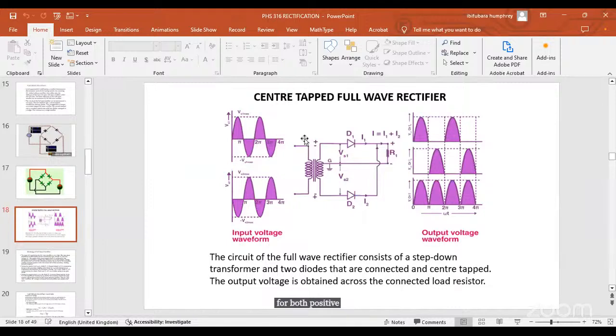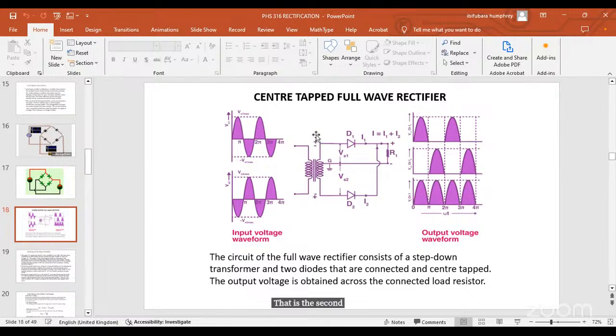If you look at this diagram, you see a positive and a negative at the top, a negative and a positive at the base. When the top is positive, the bottom is negative. That is the first half. When the bottom is positive, the top is negative. That is the second half.